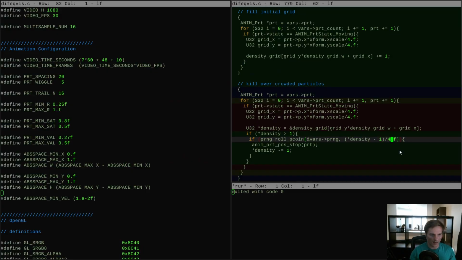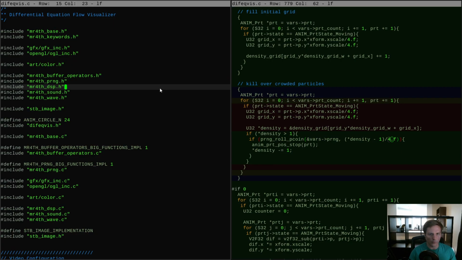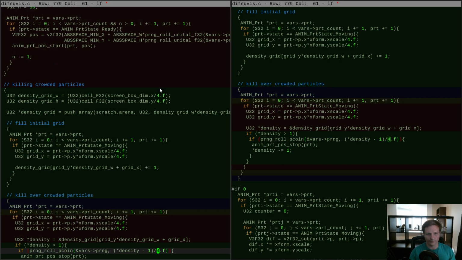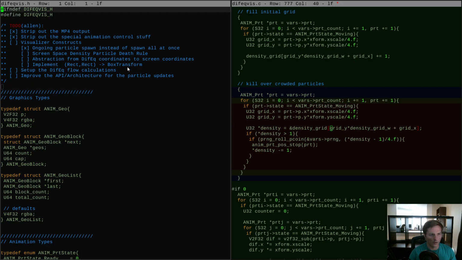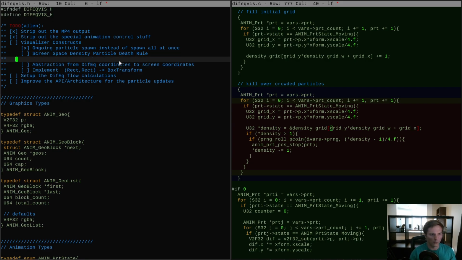Okay. We want to add in a rule that says do not allow particle spawns in very low velocity regions as another rule.